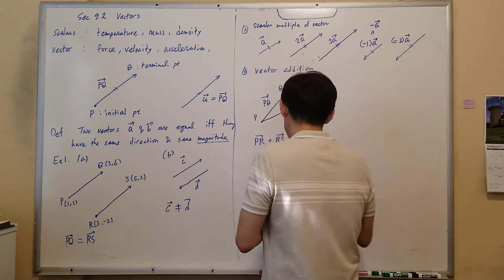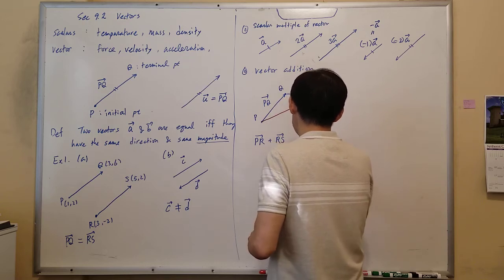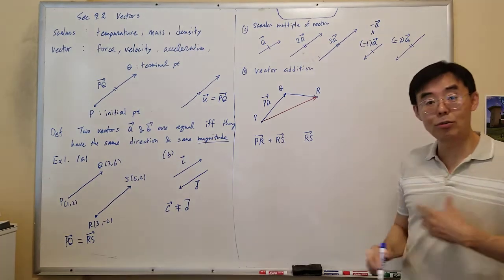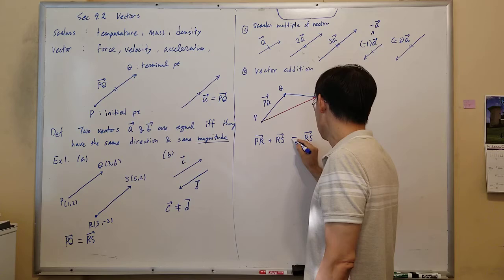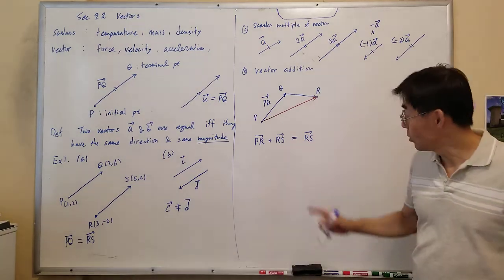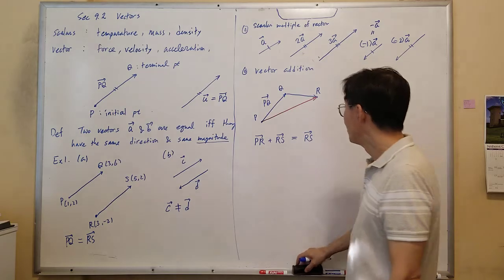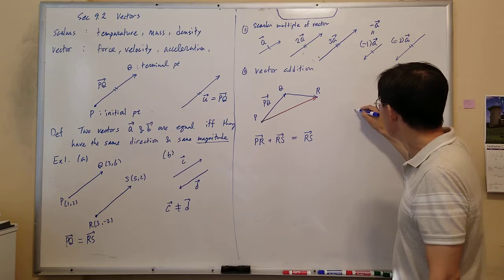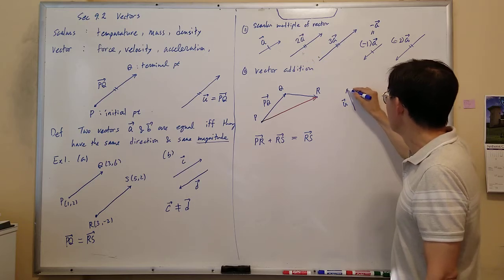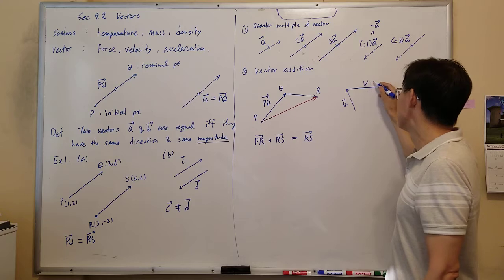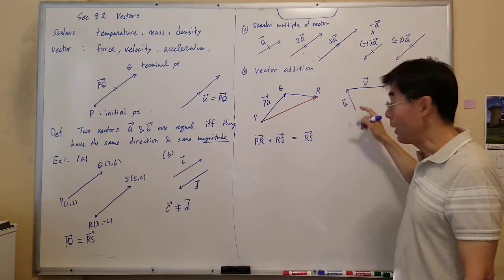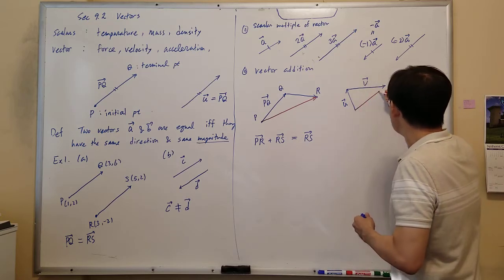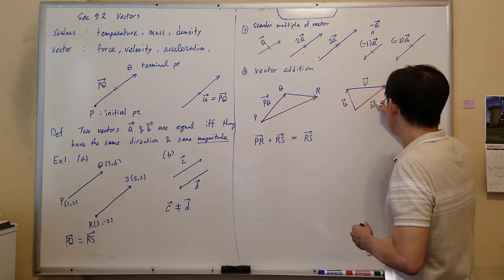And you could say that R to S is the net resultant effect when you combine these 2 displacement vectors. Alright? So we will define vector addition like this, even if those vectors are not displacement vectors. So if you have a vector U and then draw vector V like this, successively back to back, then U plus V will be defined as this vector.